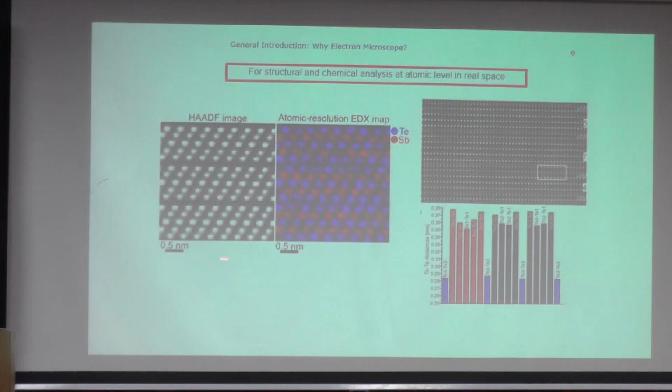But from the high-resolution image you cannot distinguish between them because the atomic numbers of both columns are pretty close, 51 and 52. But if you do atomic resolution EDX, then you can nicely resolve the layers: these blue layers are tellurium, and these red layers are antimony.